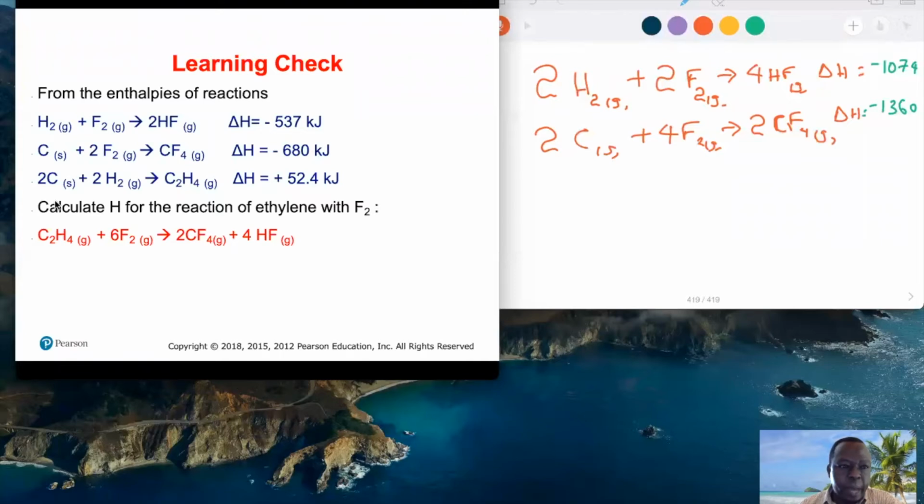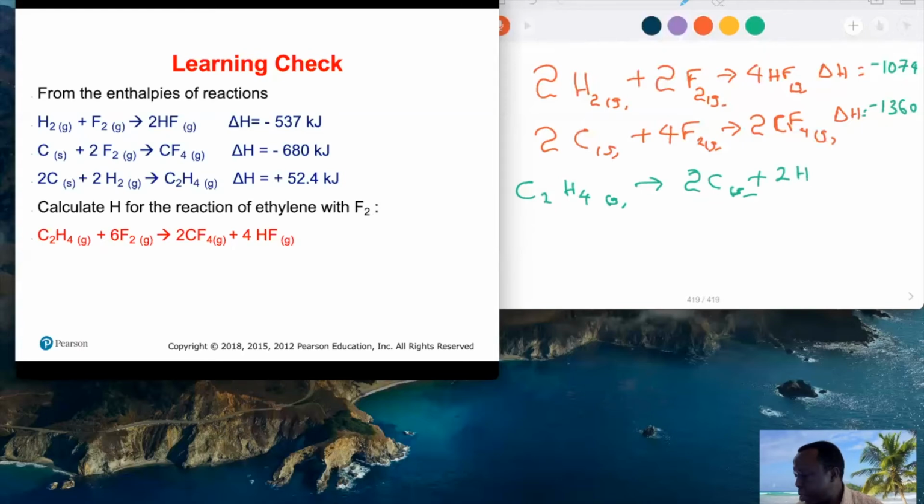Now, this is what you need to pay attention to: the last equation has been flipped. That means the products became reagents. What I mean here is C2H4 gas produces 2 C solid plus 2 H2, hydrogen gas right here.